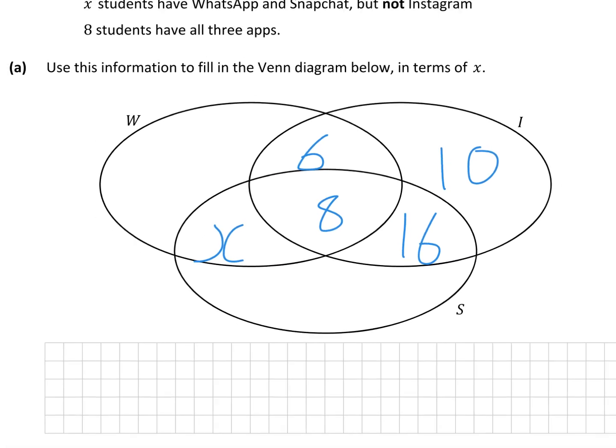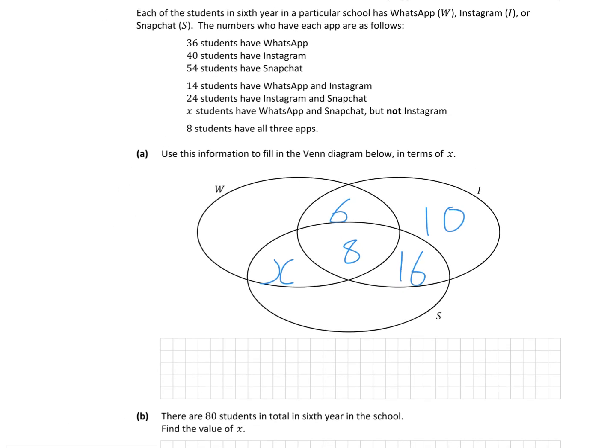So 10 people only have Instagram. It says up the top, 36 students have WhatsApp. So if I look at this WhatsApp circle, I have 36 students supposed to be in here, but I've already got 3 numbers filled in. So I start off with 36, I take away 6, I take away 8, and I take away X.